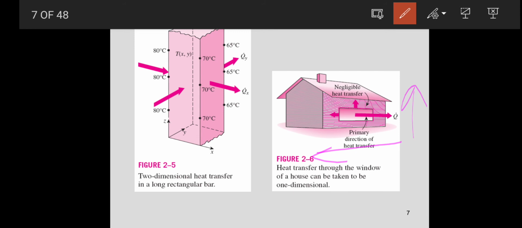Compared to these two directions, the third direction, the thickness of the wall, is very negligible. That's why heat transfer takes place only through the thickness of the wall, so it is a one dimensional heat transfer.